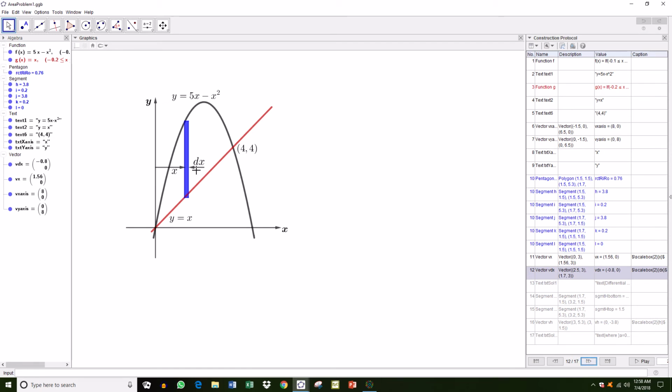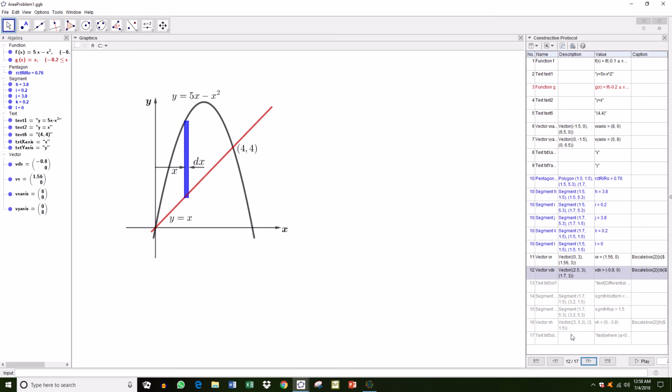Now, when you have a rectangle like this, can we find its area at this stage? I would say yes, because all we need is the width and the height of the rectangle. The width is clear, dx. The height, maybe that's the slightly difficult part.